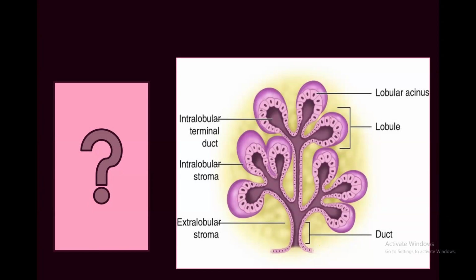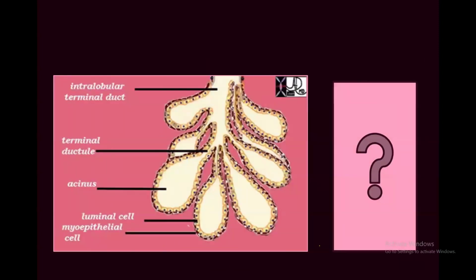Okay, look at the structures of this, and let me go back to the previous one. Look at the labeling. Okay? What about this? Are both the same? Is it the same as that one?